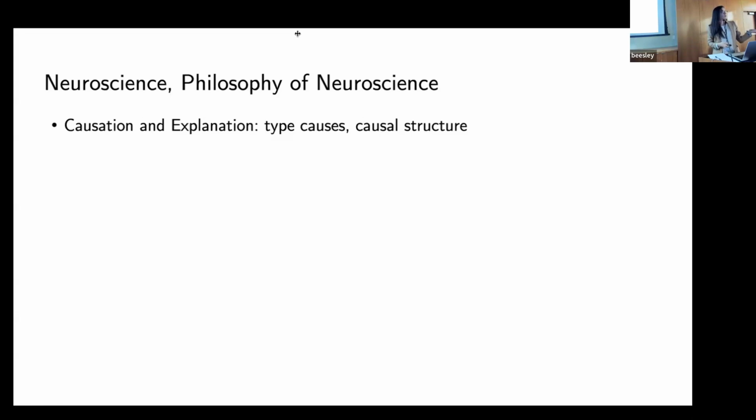In the philosophy of neuroscience literature, among the causal terms, concepts, and words that receive attention, there's one that stands out among all of the others. The notion of mechanism, the concept of a mechanism, receives a massive amount of attention in philosophy of neuroscience, so much so that philosophers in this space suggest that this is in fact the main type of causality.